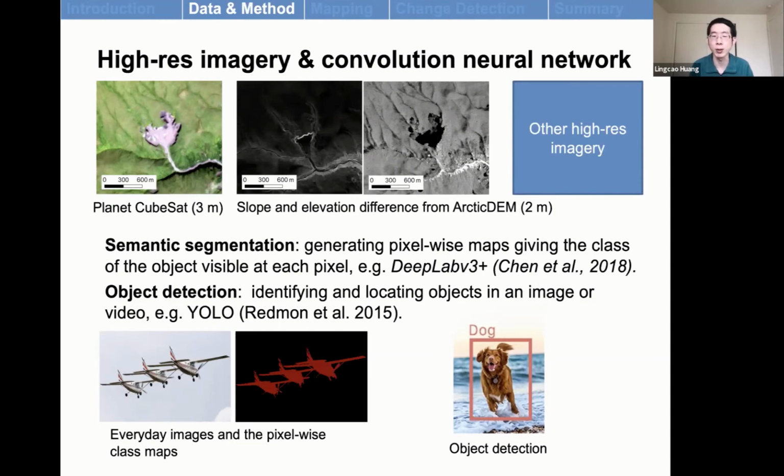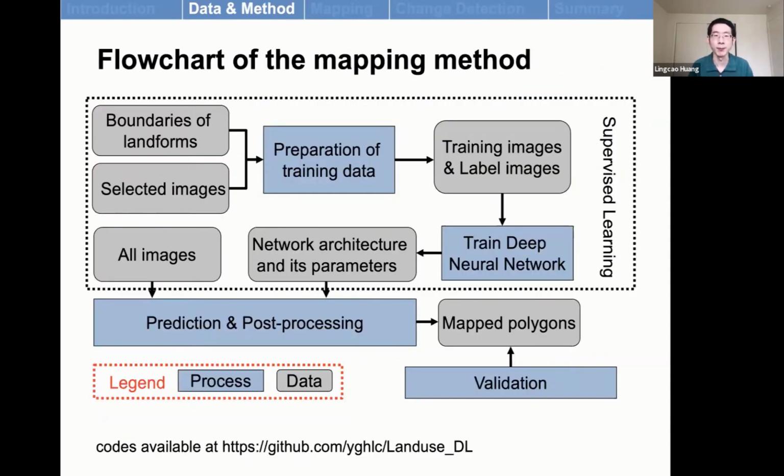And for object detection, I use an algorithm called YOLO. I will talk about it later. We are working on using satellite images to observe landforms. But deep learning algorithms are almost always designed for applications in our daily life, like using a smartphone to take images and then telling what's in the images.